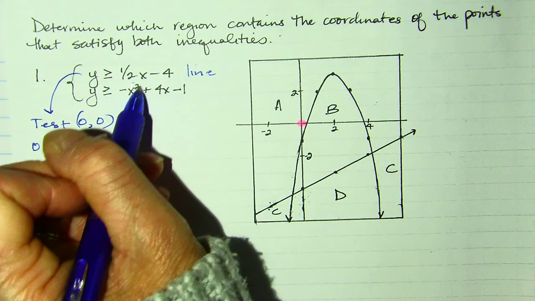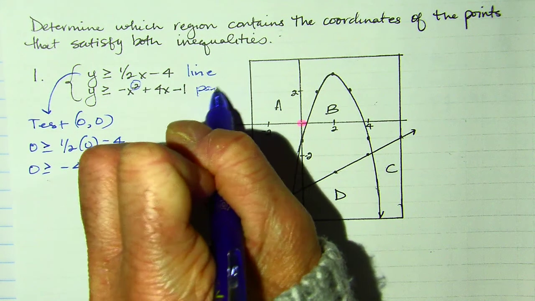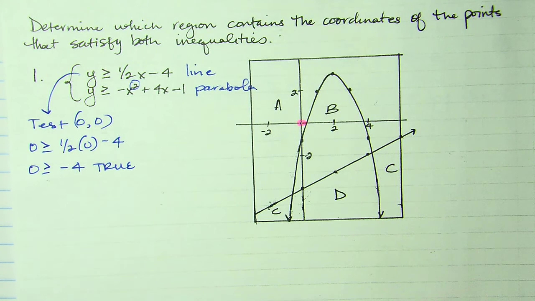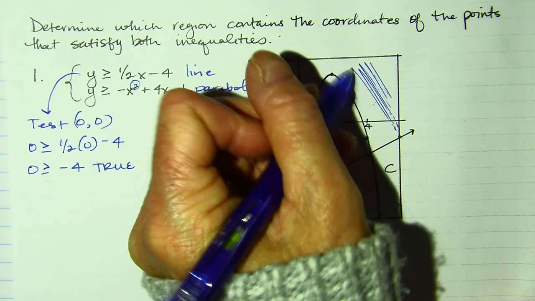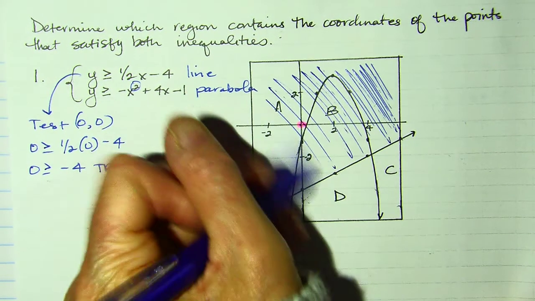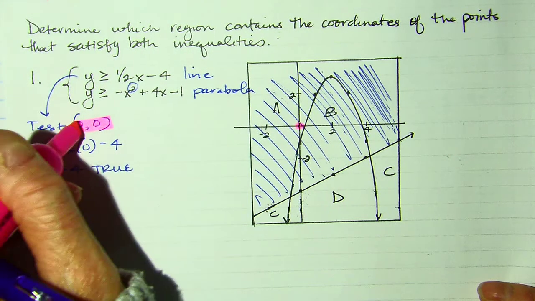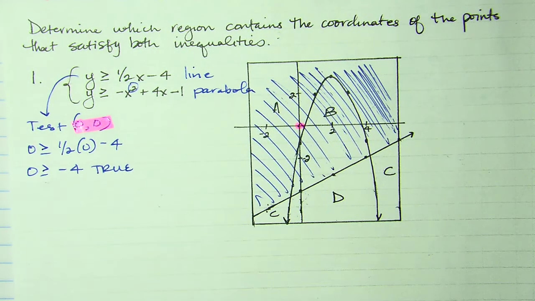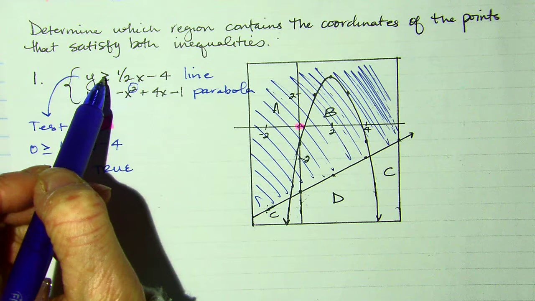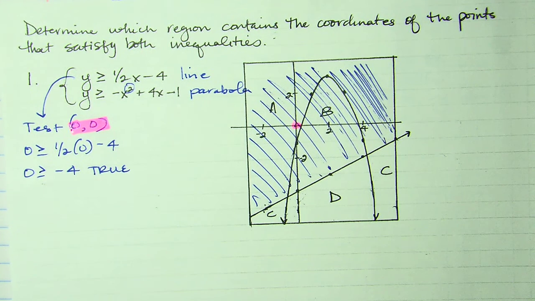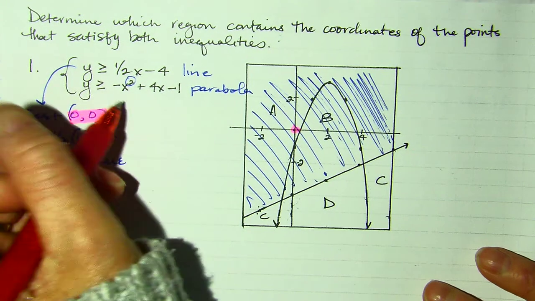Because of that x squared, I know this is my parabola. So for the line, since that point was true, I'm going to shade above the line. I'm testing this point right here in pink. My other method of it being greater than would mean I would shade above the line because y is by itself.